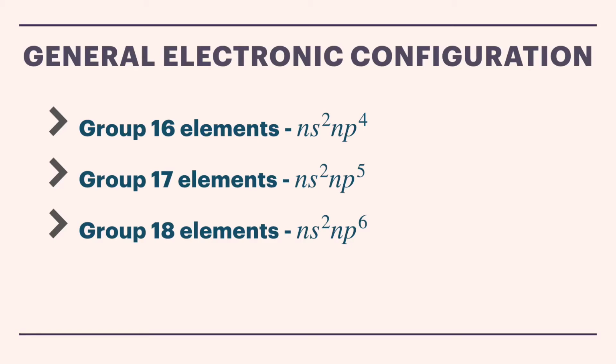So if you just write down the electronic configuration of oxygen, that is 1s2, 2s2, 2p4. Okay, so you just have to see the highest principal quantum number. So that is 2 over here, 2s2, 2p4. Okay, so I can just say it will be ns2 np4. Why I am writing it as n over here? Because down the group only the principal quantum number will change. Okay, so please understand this thing.